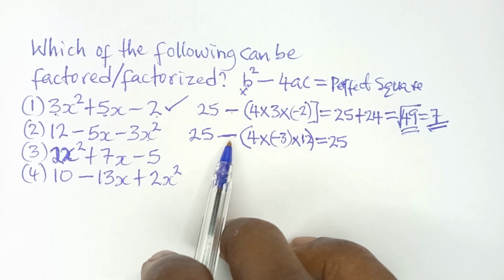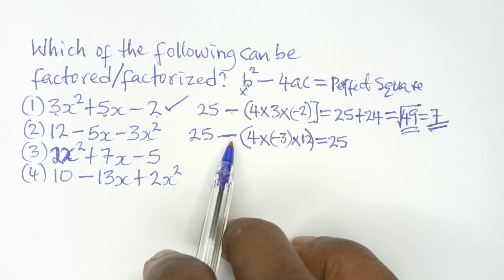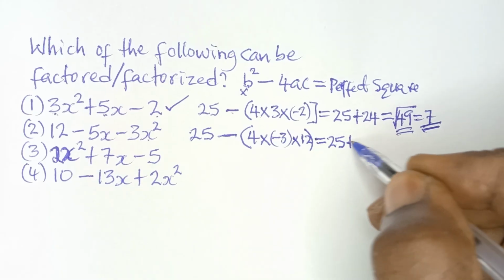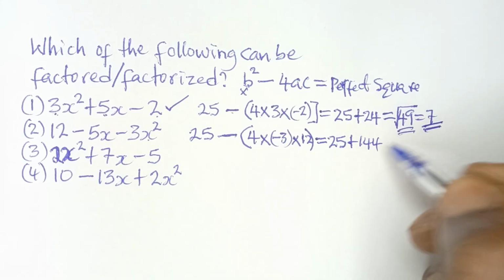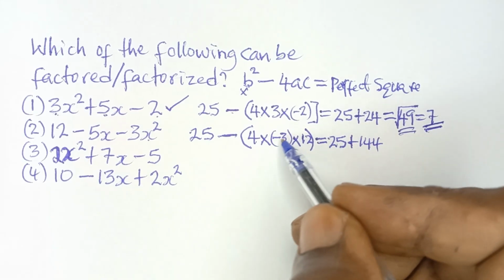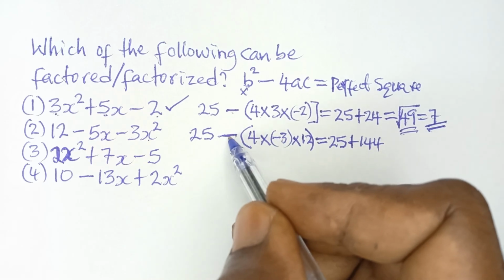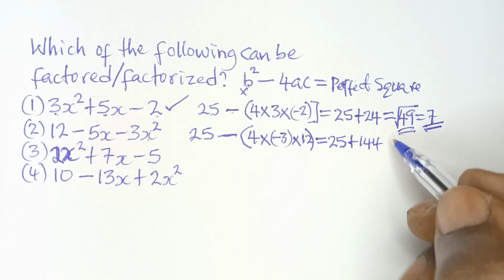And -144 multiplied by the negative sign outside will give me positive 144. So I have plus 144. Don't forget, it has become plus because a negative sign inside multiplied by the negative sign outside gives you a positive value.